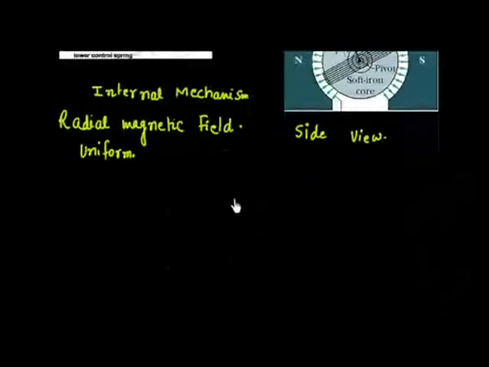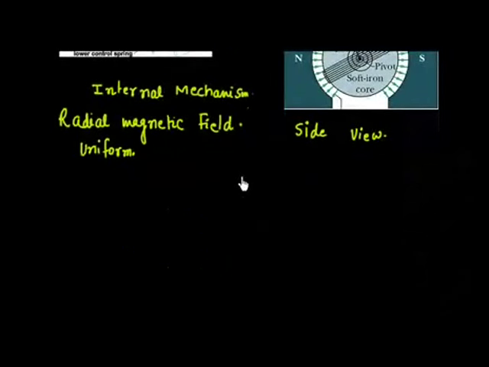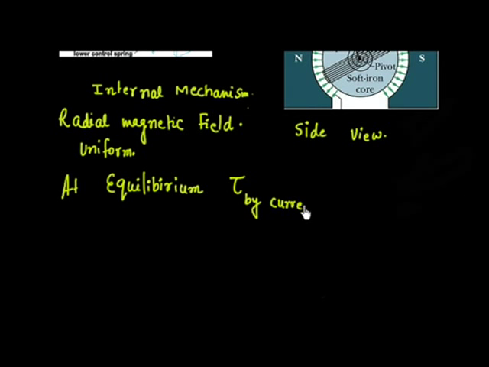So at equilibrium, this is one important point: the torque by the current is equal to the restoring torque by the spring.